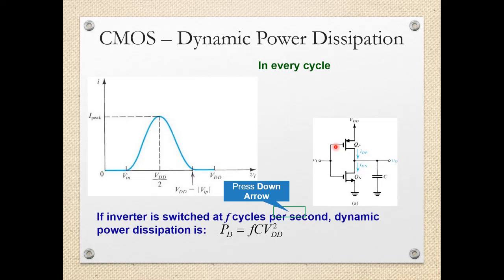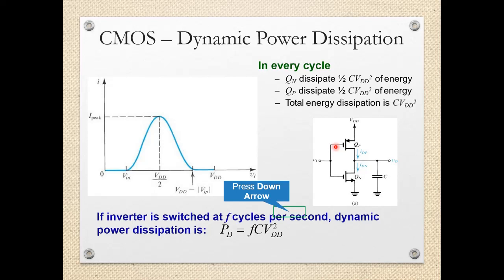So this is the slide in which we are discussing the dynamic power dissipation. In every cycle of operation, how will the power be consumed? Qn, that is the N MOSFET, will dissipate half C VDD square of energy. Qp will dissipate half C VDD square of energy, and the total energy dissipated is equal to C VDD square.